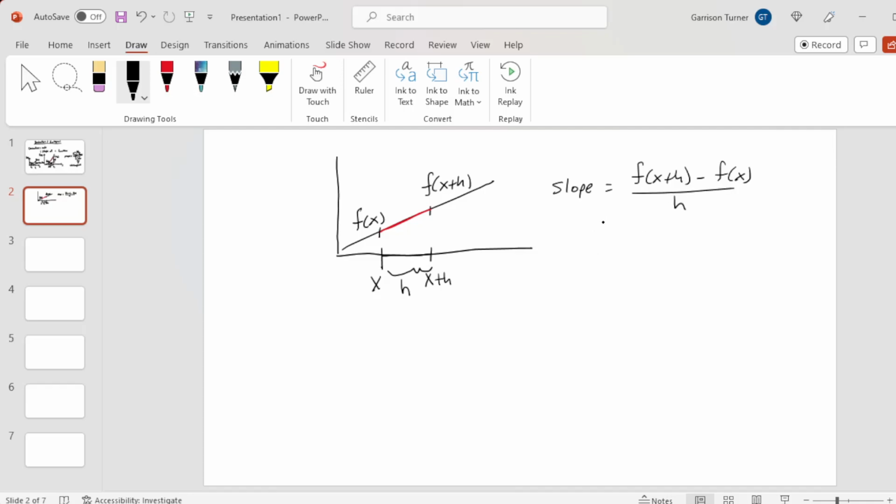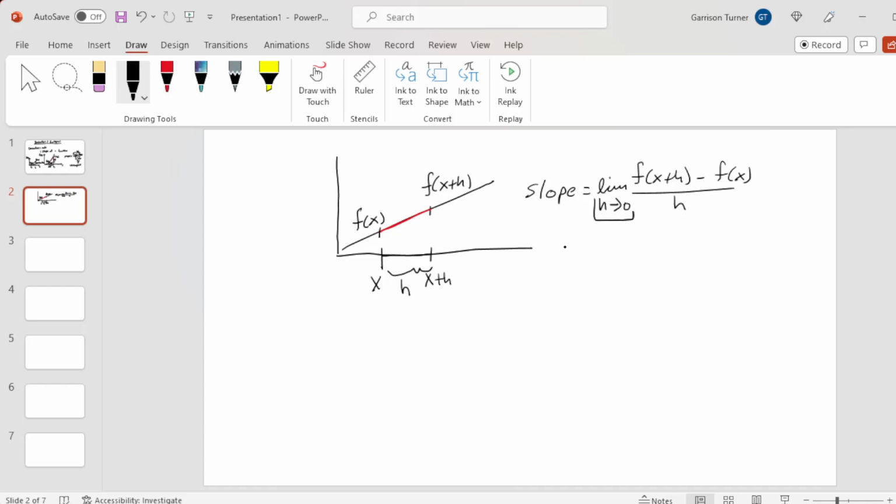And without going too deep into limits, what we say is that the true derivative is in the limit, let me write that a little bit better, in the limit that h goes to 0. Here we're not going to be too formal with the definition.